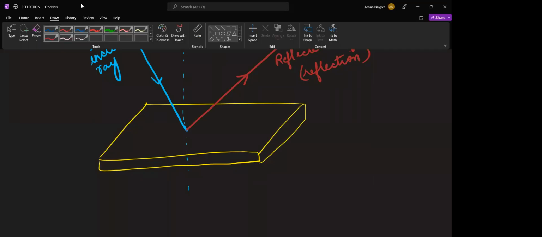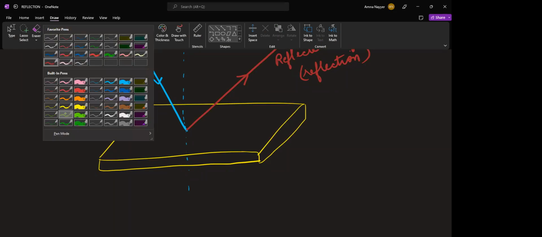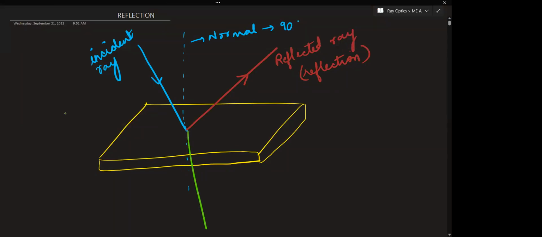Then the other phenomenon that occurs is refraction. This is the refraction that occurs, and this is the refracted ray.